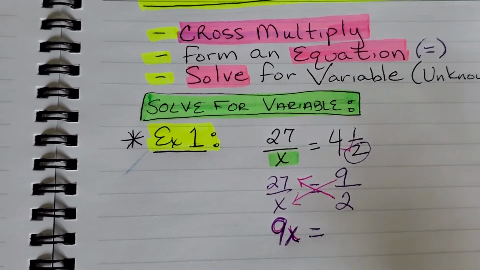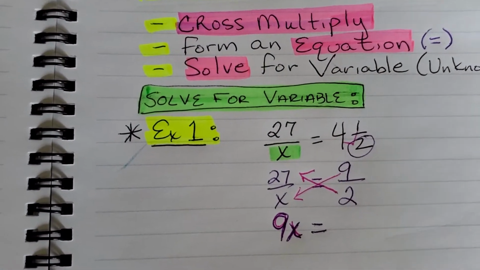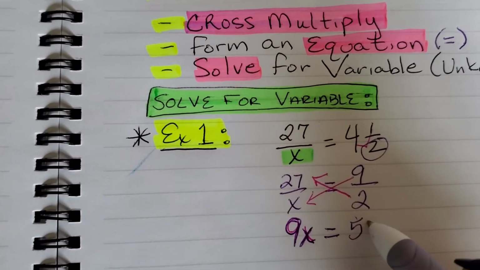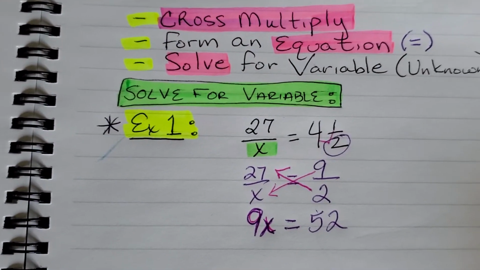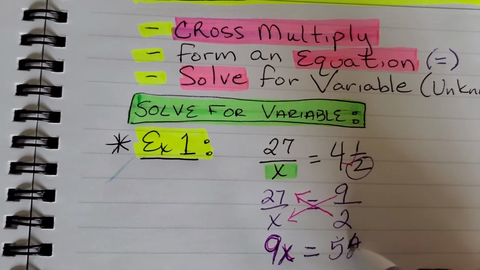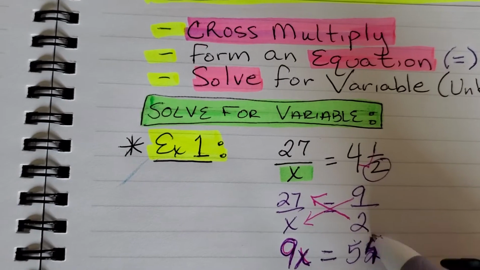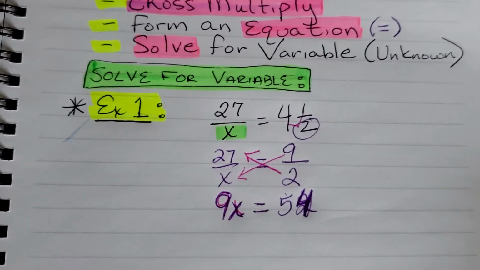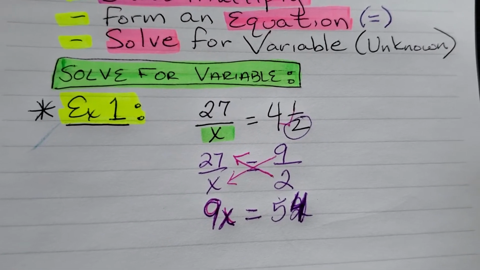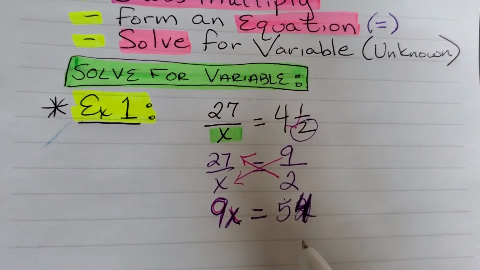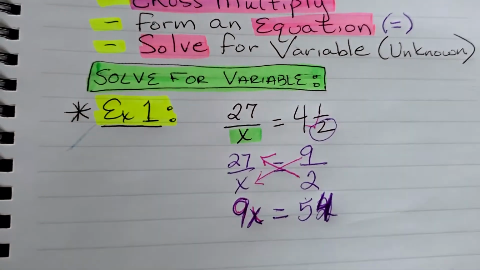So 2 times 27, we get ourselves 52, okay? And now, oh, excuse me, I'm sorry, my mistake. Doing too much math these days. 54, 27 times 2. We can always double check with Alexa. Alexa, what is 27 times 2? 27 times 2 is 54.